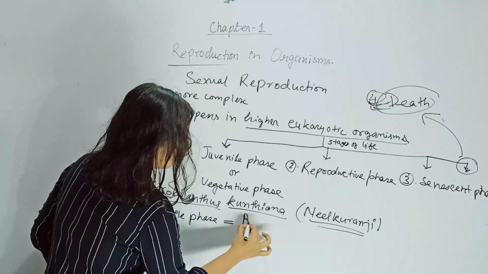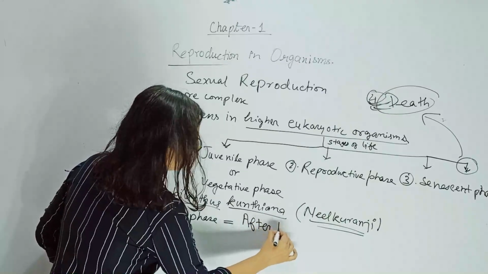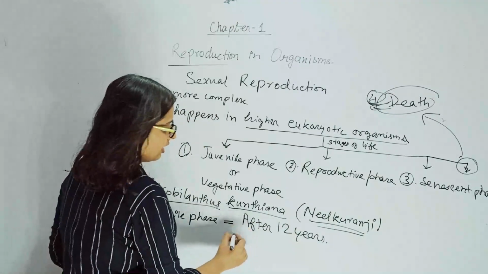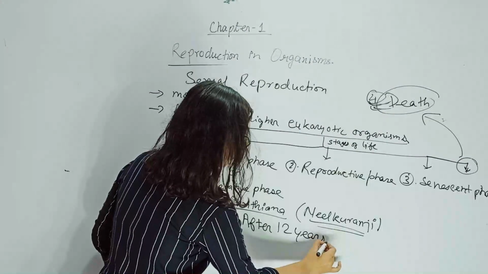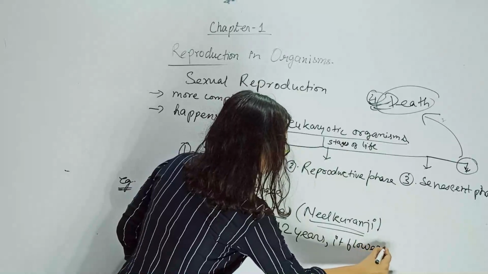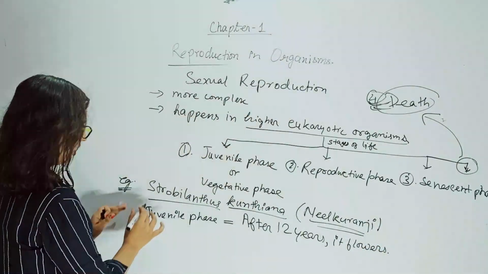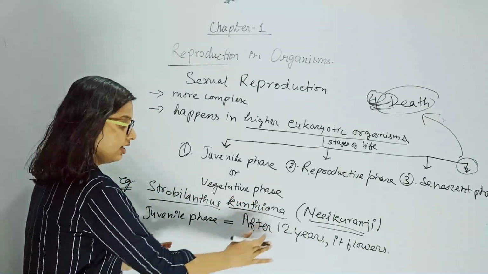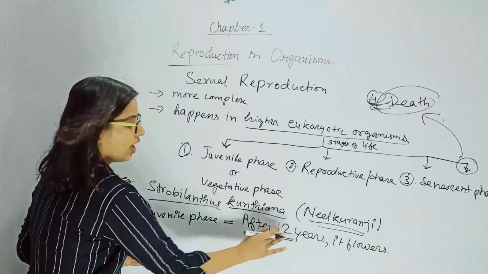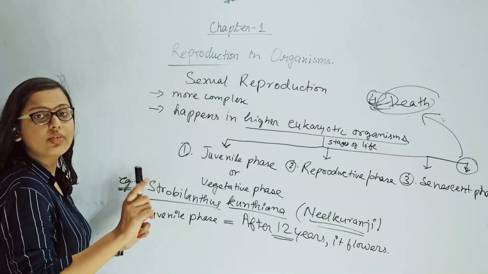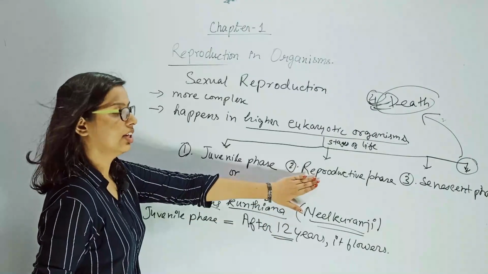It flowers after 12 years. So flowering in the case of Strobilanthes kunthiana takes place in 12 years. Flowering in plants is the reproductive phase.